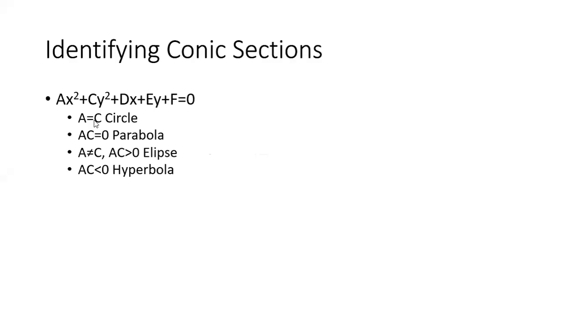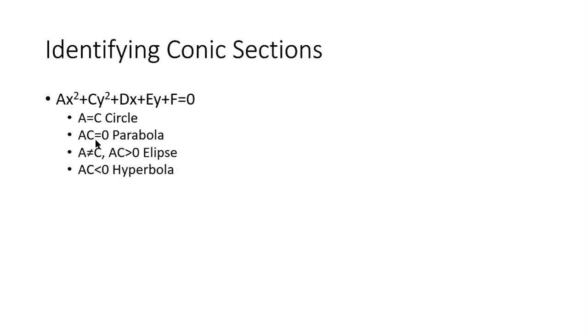If we have just this general format, with x squared, y squared, x's, y's, and a constant on one side of the equation equals 0, we want to decide whether it's a circle, a parabola, an ellipse, or a hyperbola, like what type of conic section it is. If A is equal to C, then we're going to have a circle.